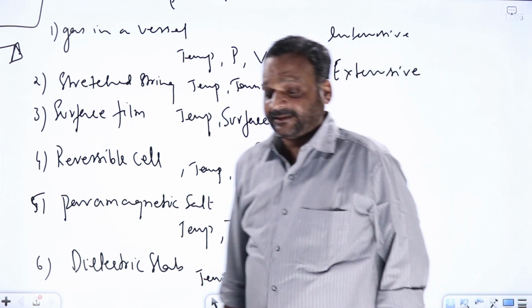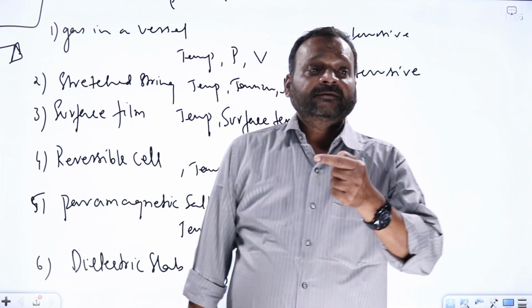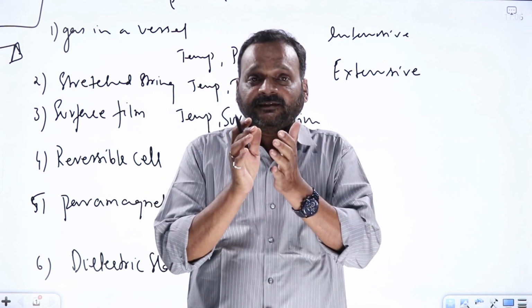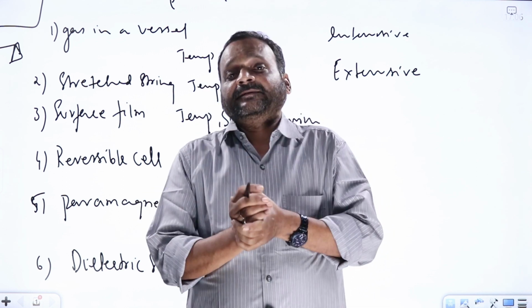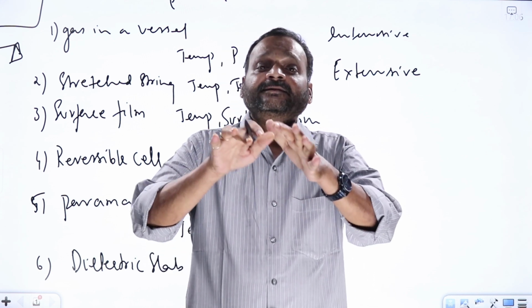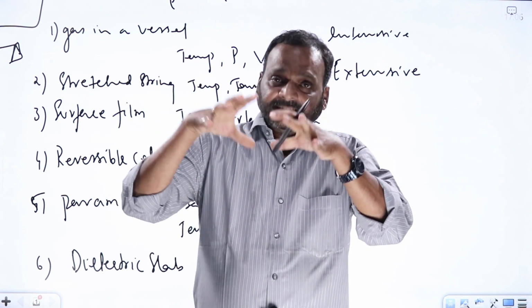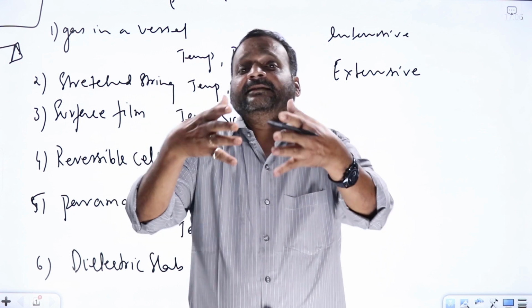What is an intensive variable? An intensive variable does not depend on the amount of matter. A variable which does not depend on the amount of matter present is known as an intensive variable. A parameter which depends on the quantity of matter is known as an extensive variable.